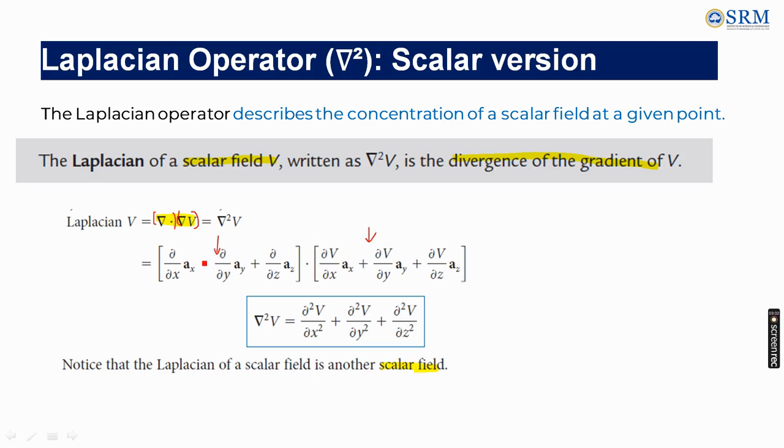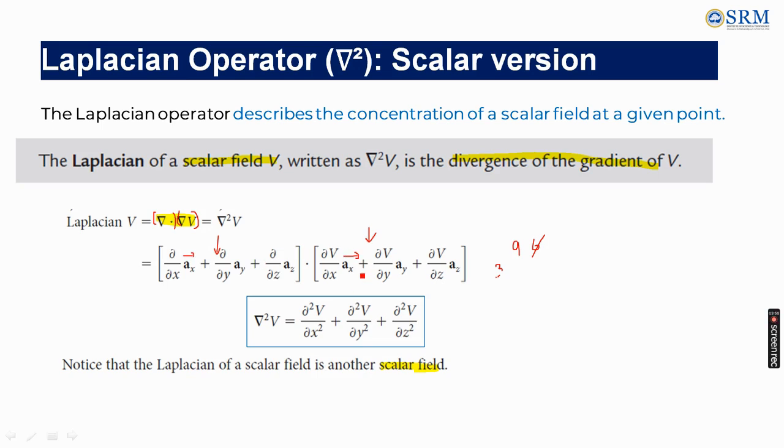This we know. So if we dot product this, the multiplication of these terms will give me 9 expressions, out of which 6 will go off. Only 3 will be left. How? Because you know the dot product of the same unit vector only gives the answer.